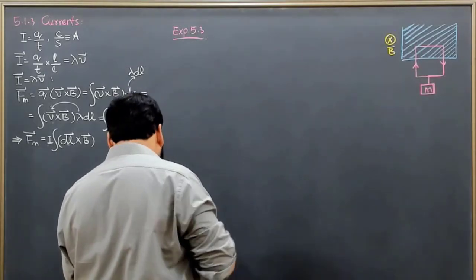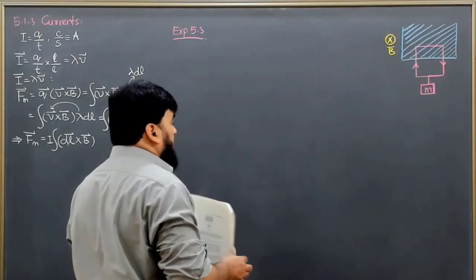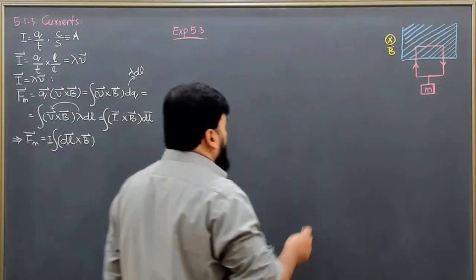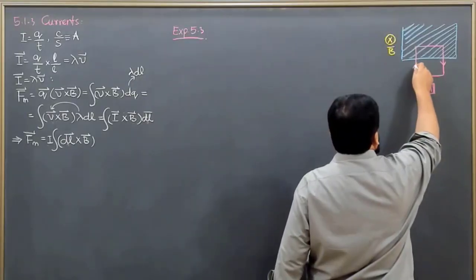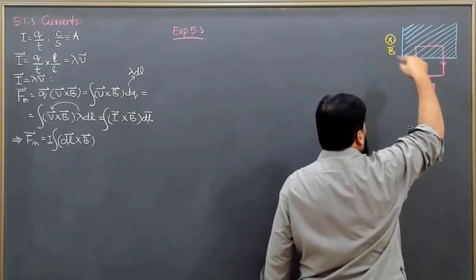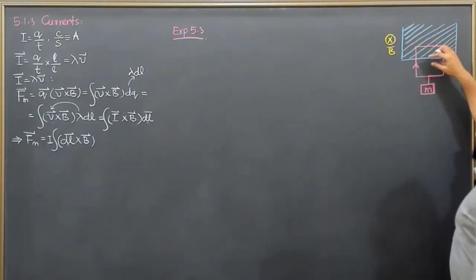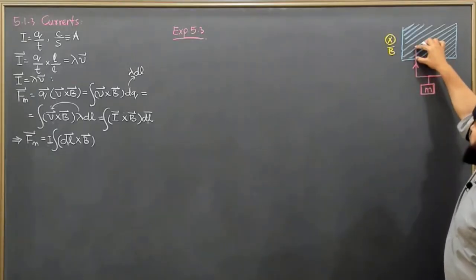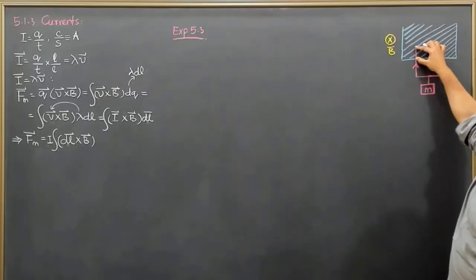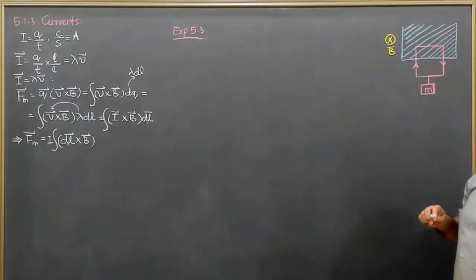Now here is something. The magnetic field is into the page, but this region is outside the shaded region of the magnetic field. Only this part is inside the magnetic field, and this will cause a magnetic force on this wire.